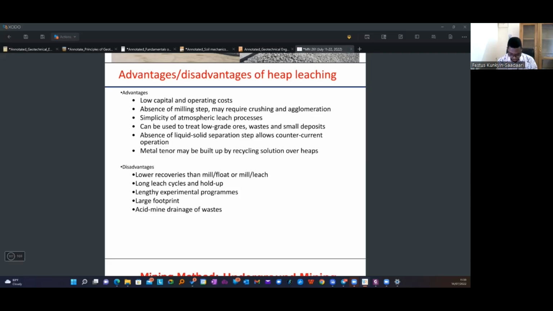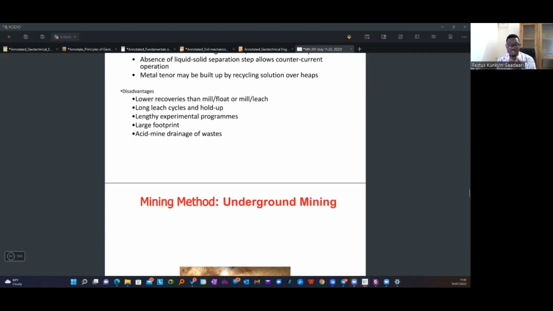Disadvantages, what are they? Let's talk about a few. So acid mine drainage. This is where maybe there are some chemicals or elements already in the rock, and when these chemicals come into contact with the atmosphere, they generate certain elements that can cause acid.